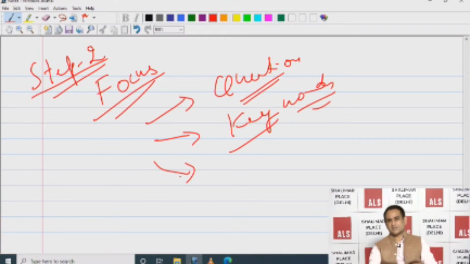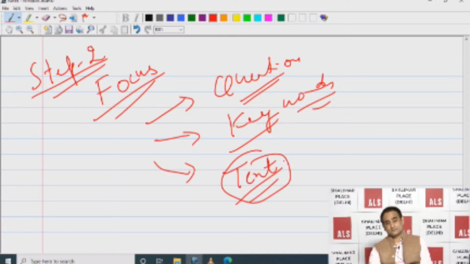You can see last year's questions. And you can refer to some relevant text now. Once you have an idea about the basic outline of the story, and you have an idea of what kind of questions they are asking and what kind of keywords they have mentioned in the syllabus, you can use your text.